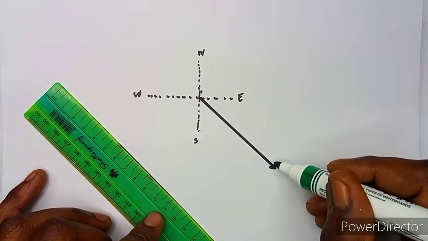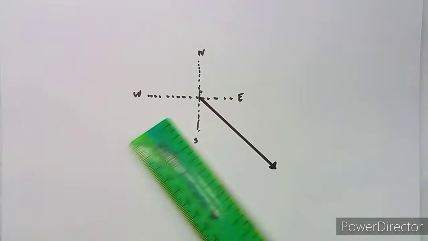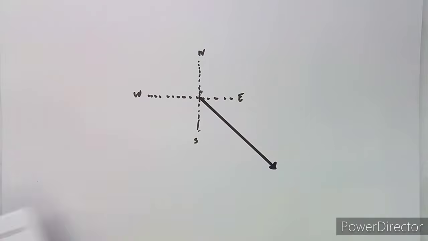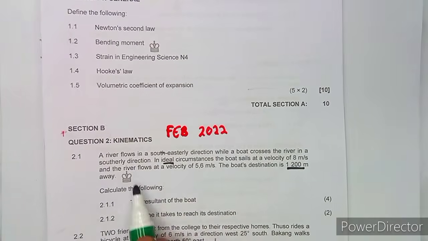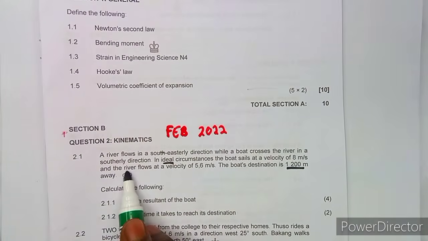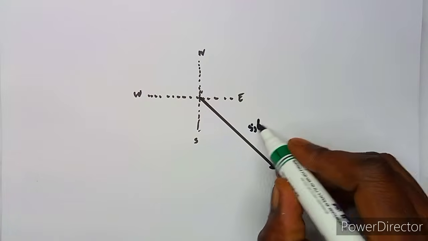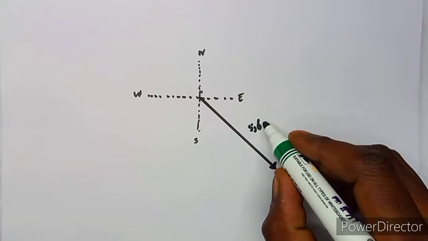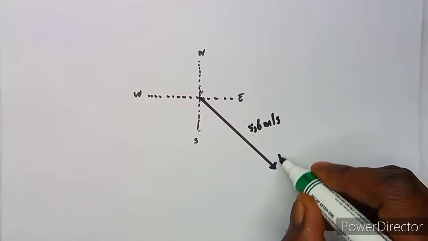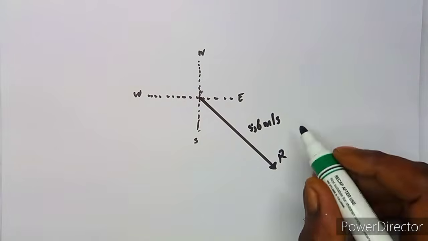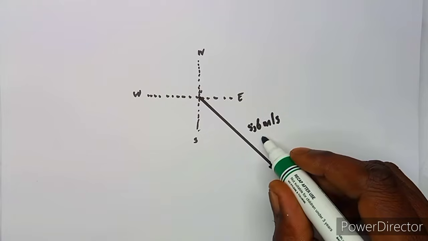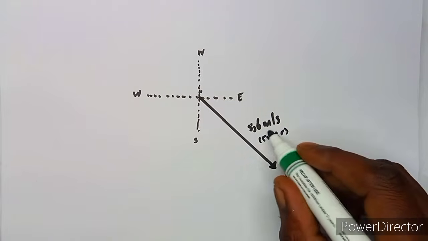So this is what you're going to have from this point. This is where the river is flowing, and the river has a velocity of 5.6 meters per second. Let's say R for the river, and put this in a bracket.